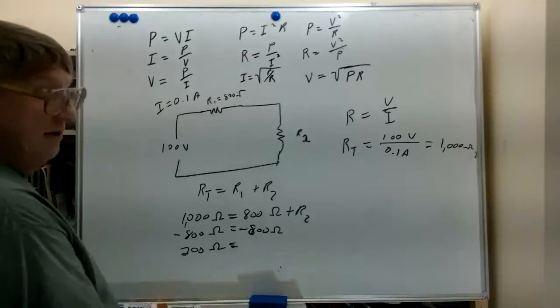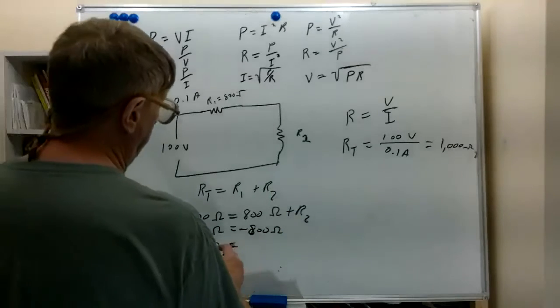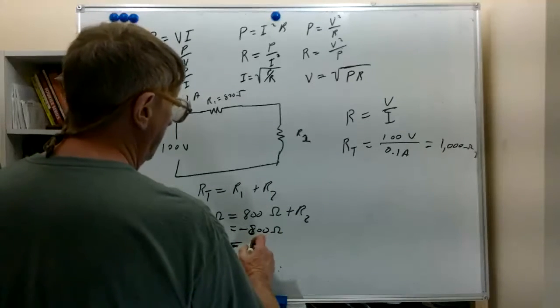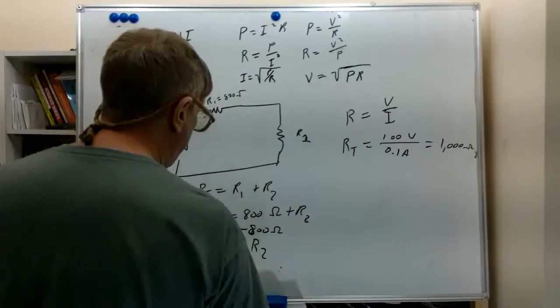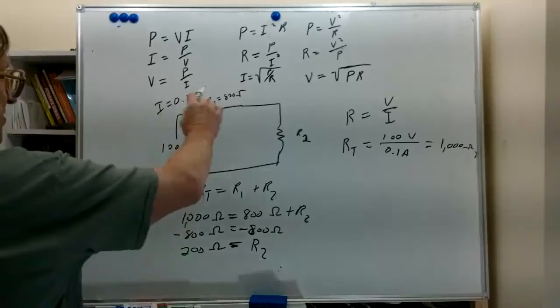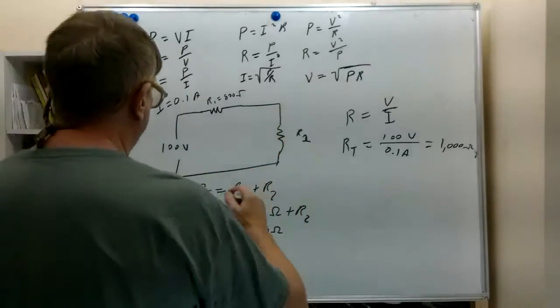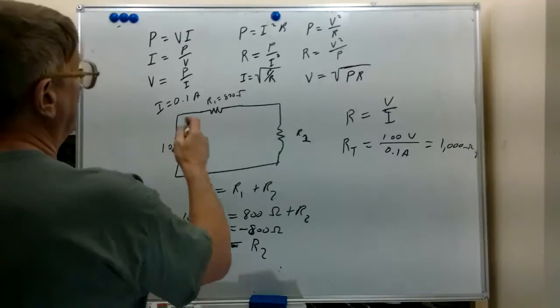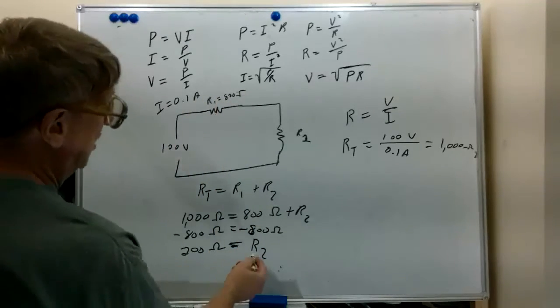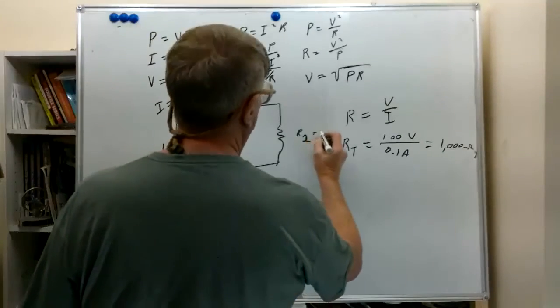The 800 ohms minus 800 ohms is 0 ohms, and 0 ohms plus R2 just leaves us R2. So what we've realized, if we are given this circuit, we don't know this resistance, but we're told we need a current of a tenth of an amp at this voltage and this resistor, we have calculated that R2 has to equal 200 ohms.